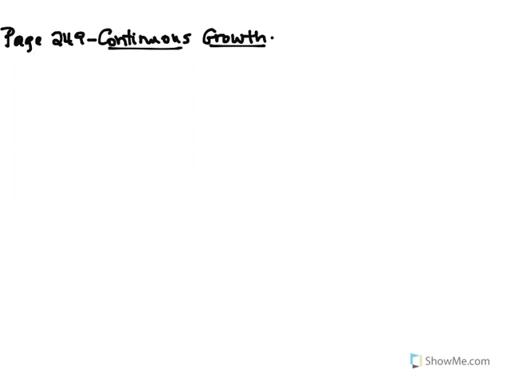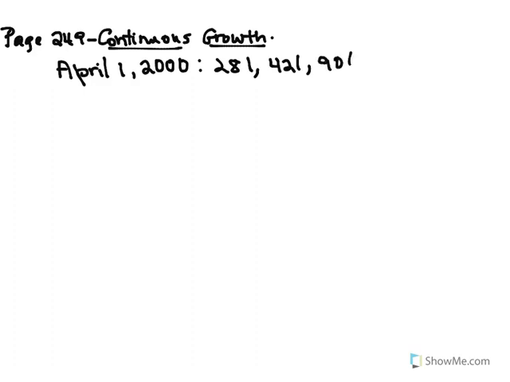So in page 249 I have a word problem that talks about the growth of the US population. I know the US Census has reported that the population of the US for April 1st of the year 2000 is 281,421,906 people.